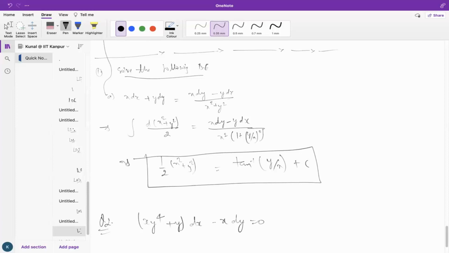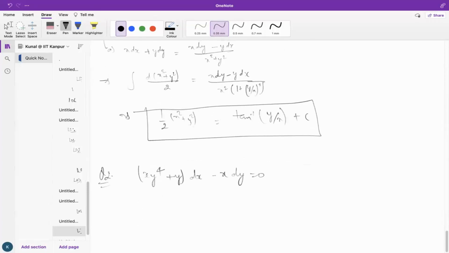Okay, so actually we have to solve this. So one more thing we can do is divide this equation by y square.